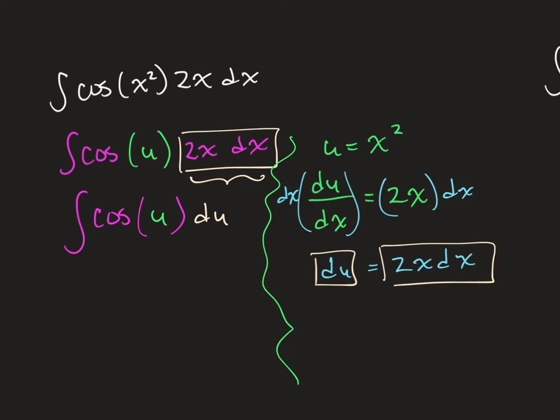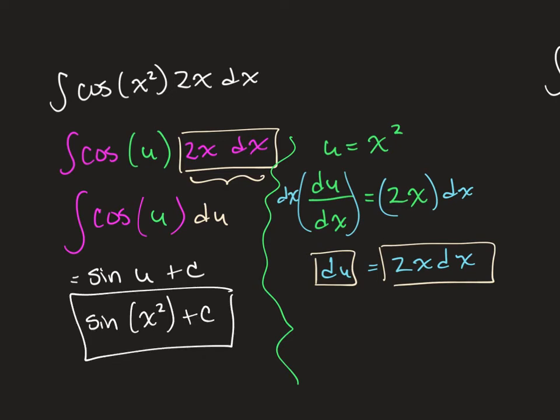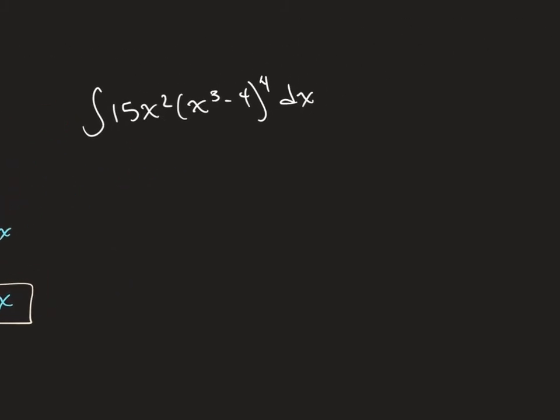The antiderivative here is just sine of u plus c. And then you know what u is because you already wrote it down. So it is the sine of x squared plus c. And if you want to double check by finding the derivative of this thing, you're going to get this. That's example 1.